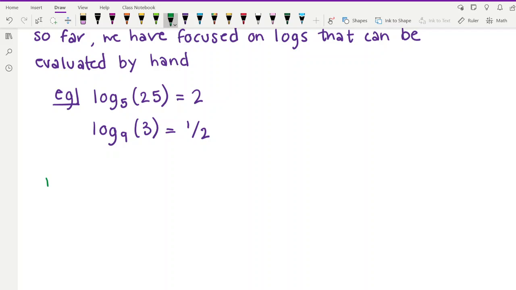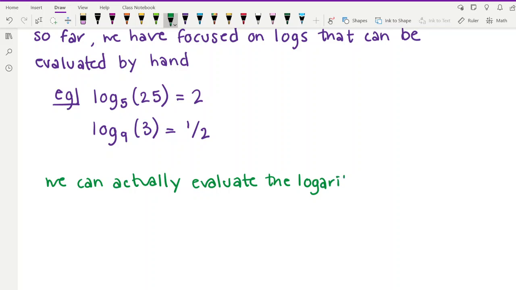So we can actually evaluate the logarithm, with any base, of any positive number. That's the same as saying any number greater than 0.